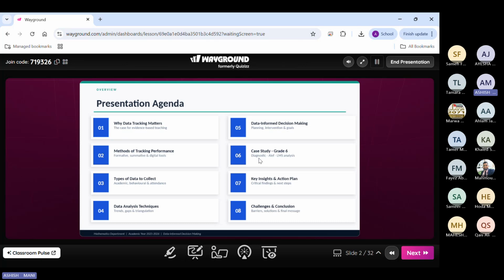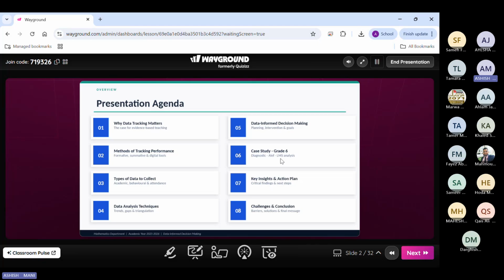In that, I will use three different methods to collect the data: one is from the diagnostic test, one is from the Aleph, and a third one I will take from the LMS. At the end, we will understand the key insights, the challenges, and what action plan we can make. So basically, it is from why should I care to what should I do tomorrow.